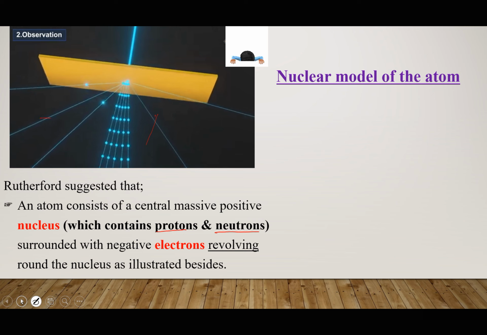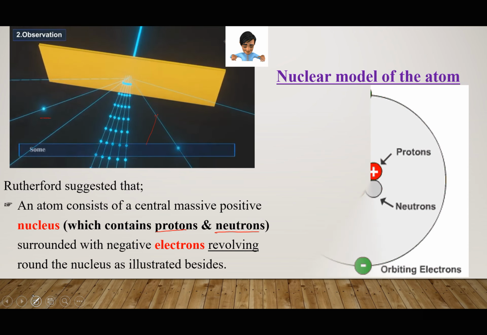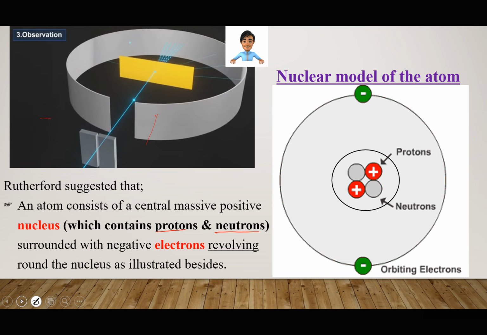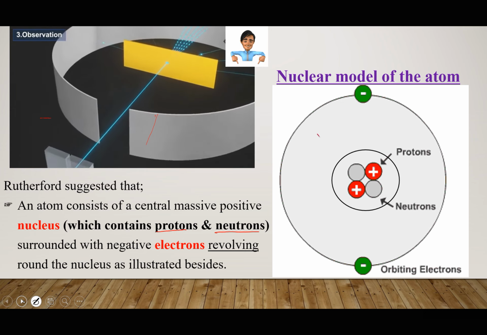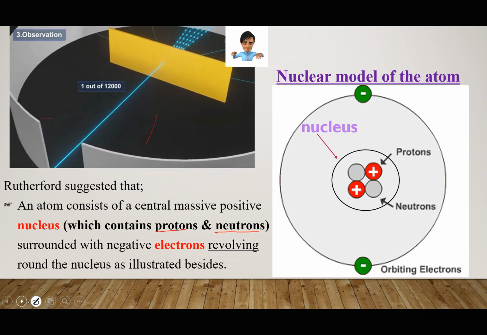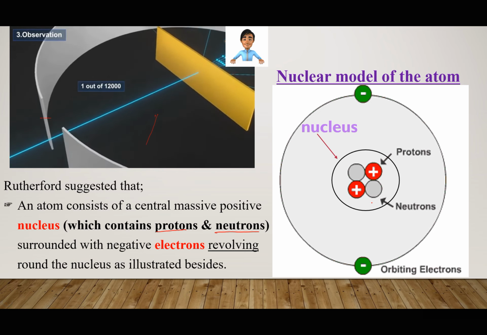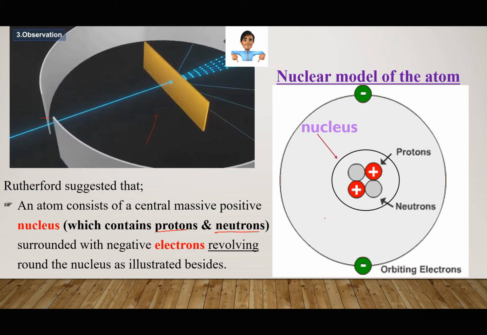And according to Rutherford's model, therefore, an atom is made up of a positively charged nucleus, consisting of protons and neutrons, with electrons revolving around the nucleus.